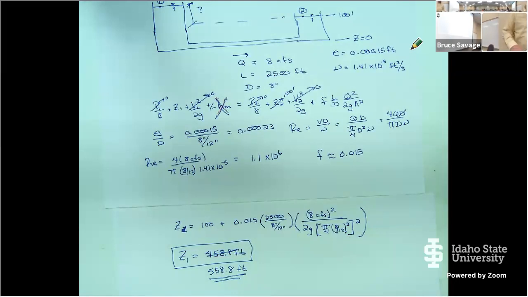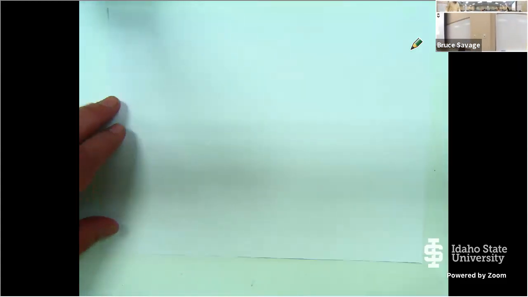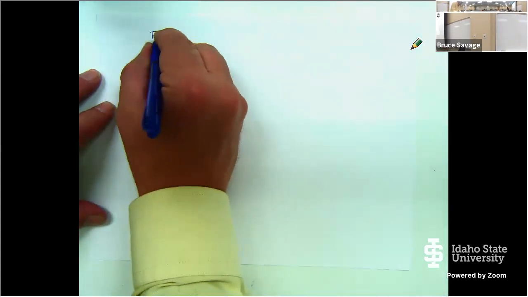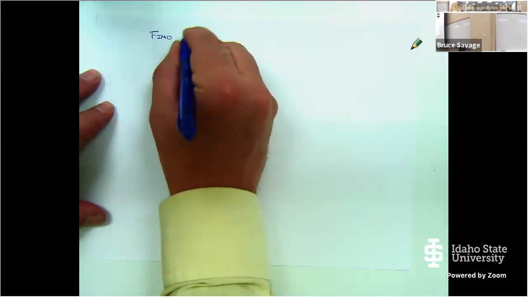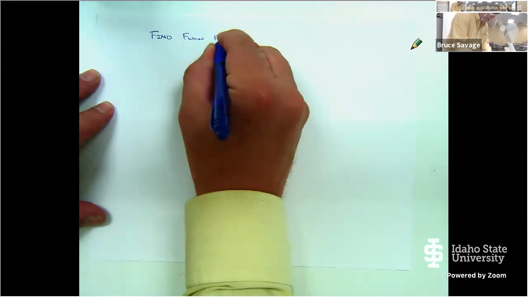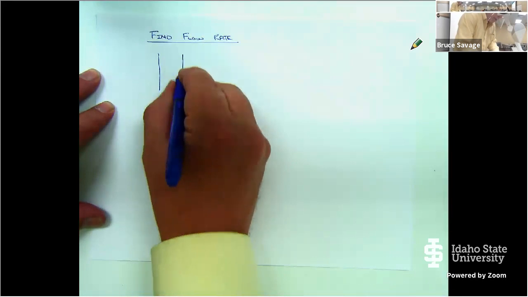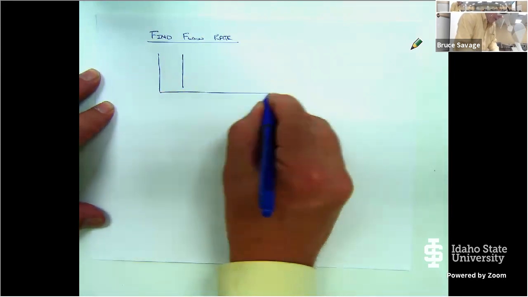Okay, so let's do condition number 1 then, which was find the flow rate. So now we want to find flow rate. Let's set up the same thing here. A little reservoir.